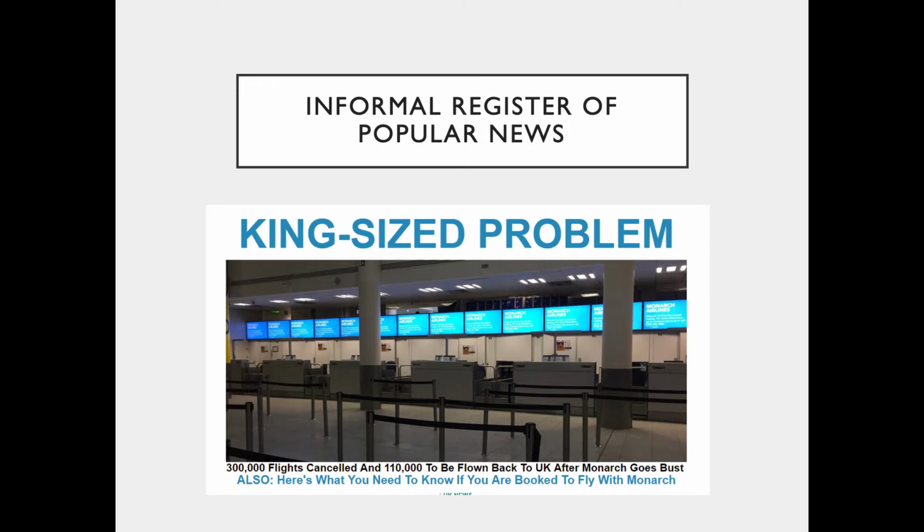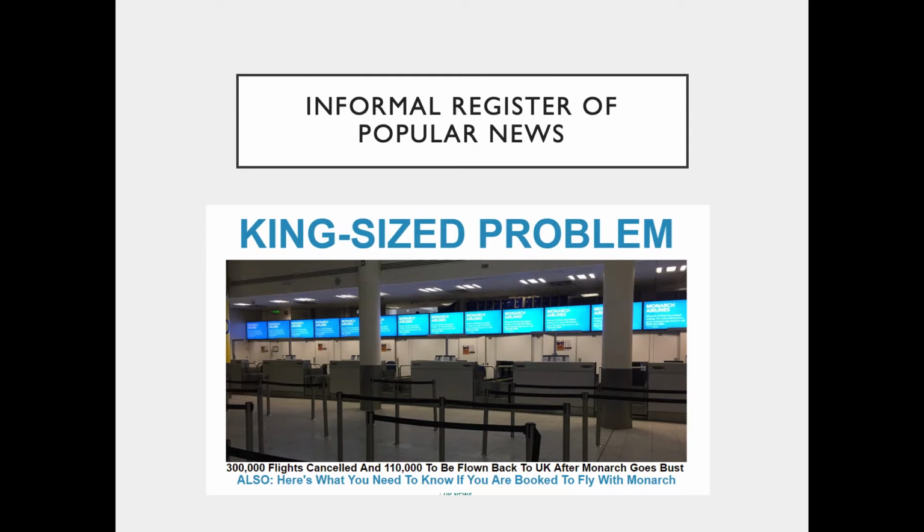Normally we're used to seeing that phrase king-sized reserved for things like king-sized beds, for example, or maybe not so much now, but when smoking was widespread, king-sized was a particular size of cigarette. And of course, it implies something huge and luxurious. But here, king-sized problem just reflects that this is a particularly large problem.